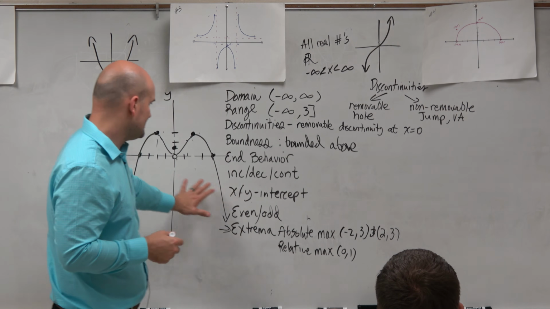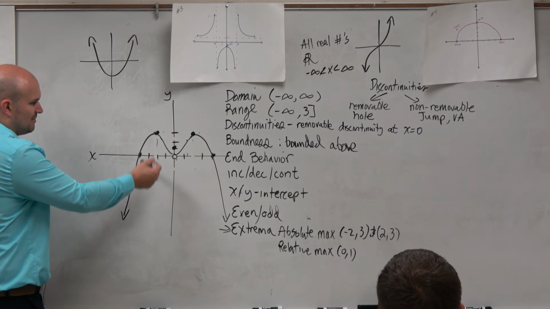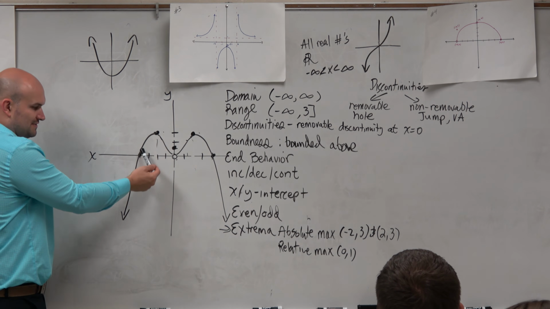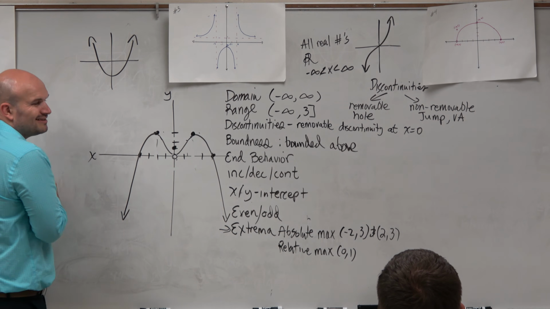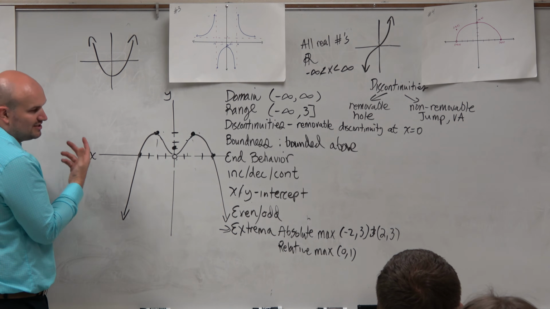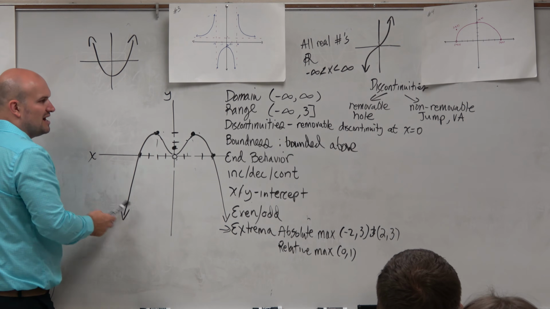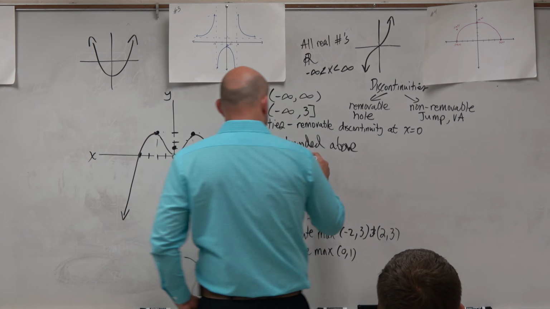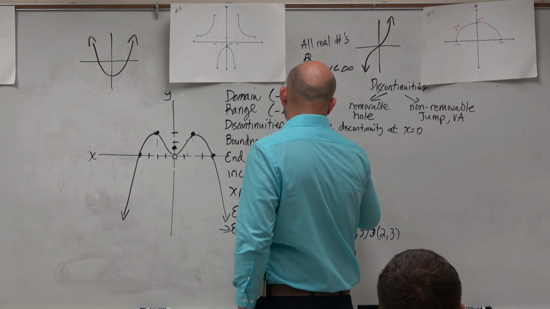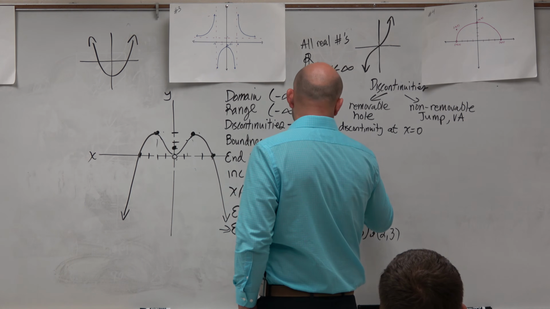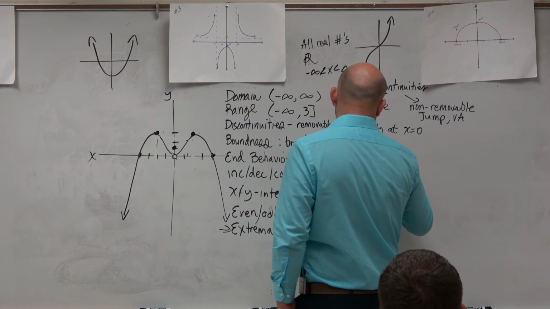But in this case, we have a pretty nice function here. As we continue to the left, the graph is going down. Usually we'll say falling, or at least I prefer to say falling. As we go to the right, the graph is falling. So I prefer falls left and falls right.